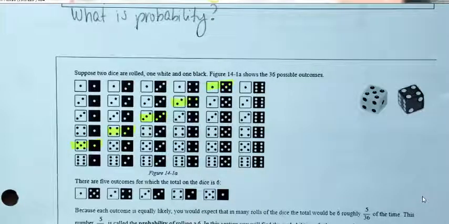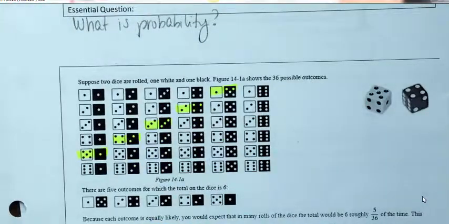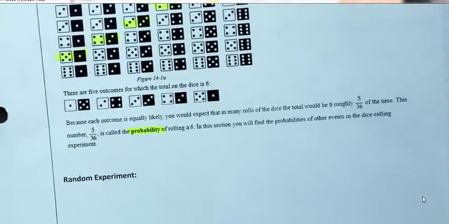So you would expect that in many rolls of the dice, the total would be 6 about 5 out of 36 of the time. This number, 5 out of 36, or 5/36, is called the probability of rolling a 6. And that's basically what we're going to talk about here. I'm just going to highlight that probability. We'll talk a little more about that.